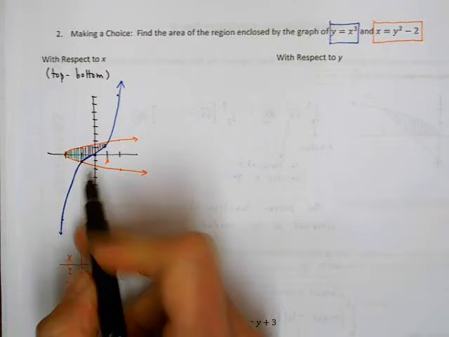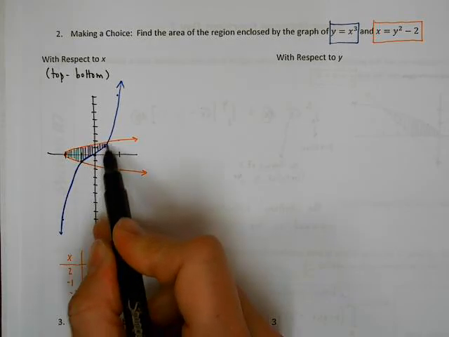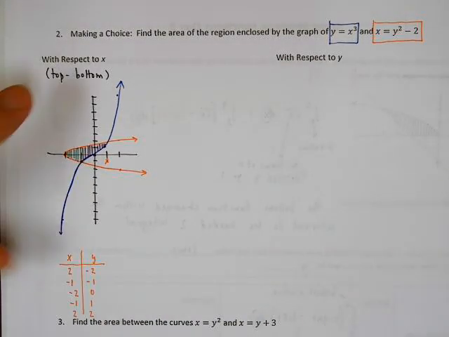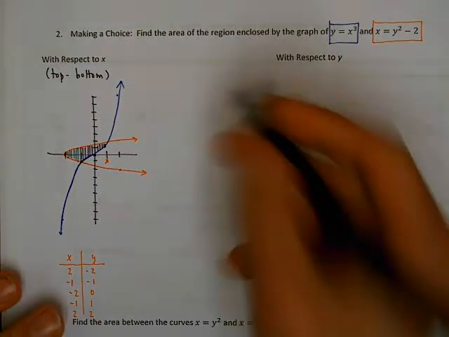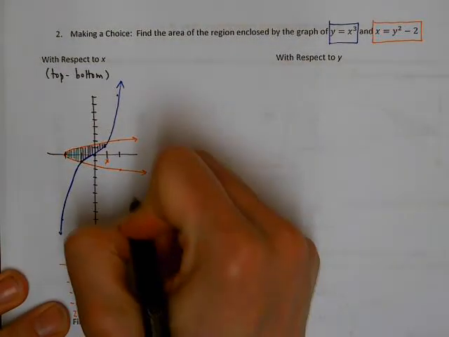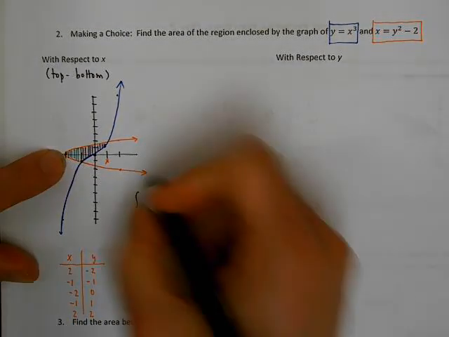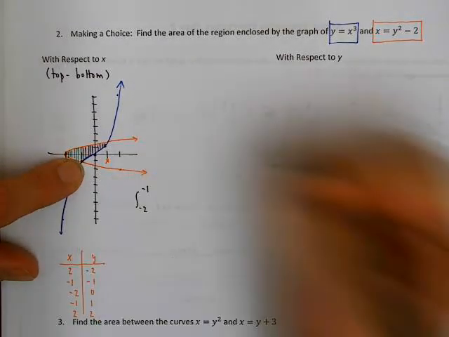My top is still the top half of that orange curve, but my bottom now is the blue curve. So again, this is what's going to cause me, if I'm going with respect to x, to need two integrals. So for my first integral, we're going to take the integral from, let's see, we'd have negative 2. This I can tell from my sketch is negative 1.